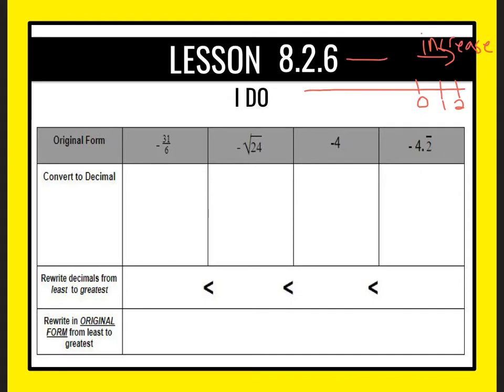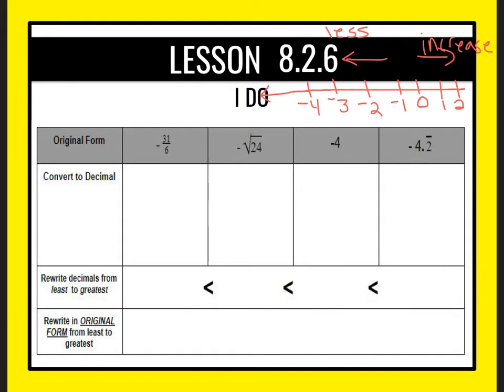But as you move to the left of your number line, okay, they become less in value. So -1 is actually greater than -2. -2 would be less than -1. Less in value. The farther I go to the left, the less in value I am.